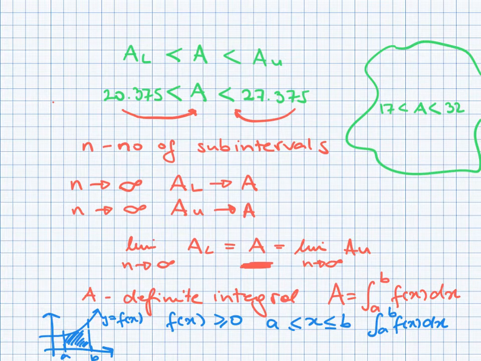So what is this saying? f of x is bigger than or equal to 0, so the curve is above the x-axis, and x is between a and b, so this is the lowest, a, and the highest, b. Then the integral from a to b of f of x dx is the same as this shaded area.